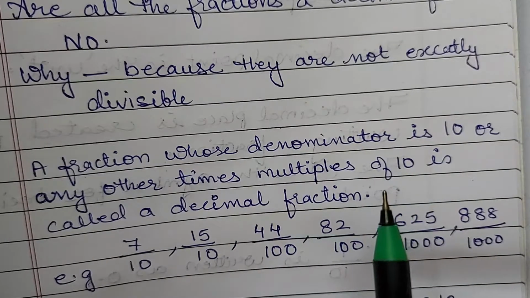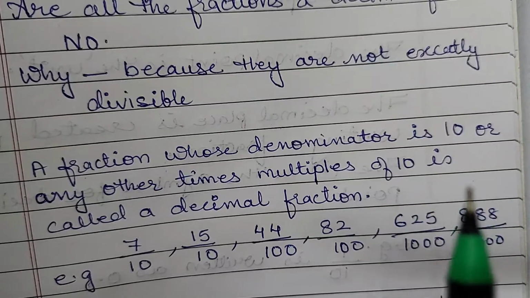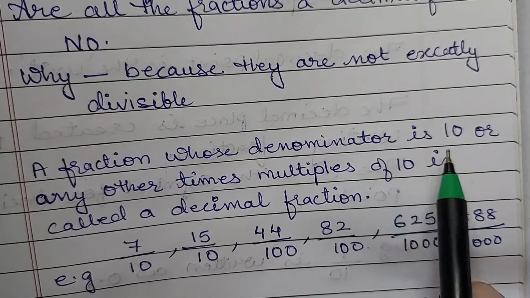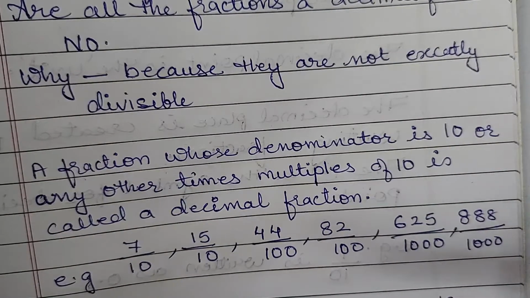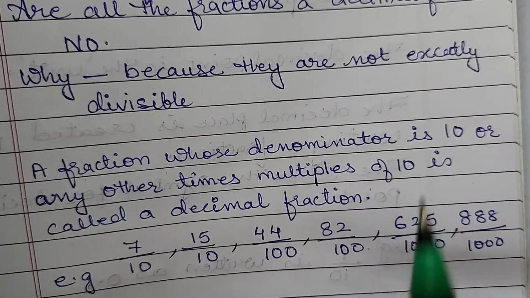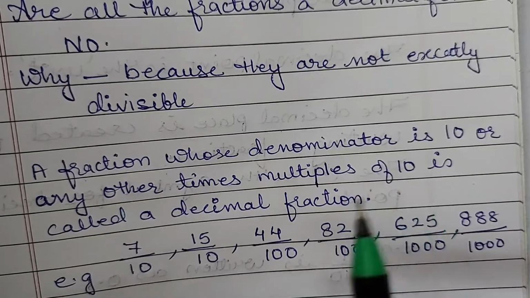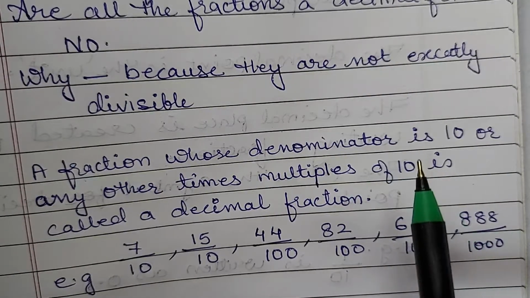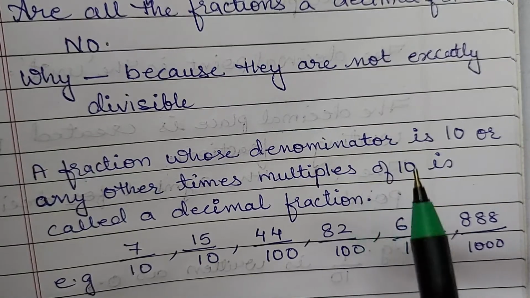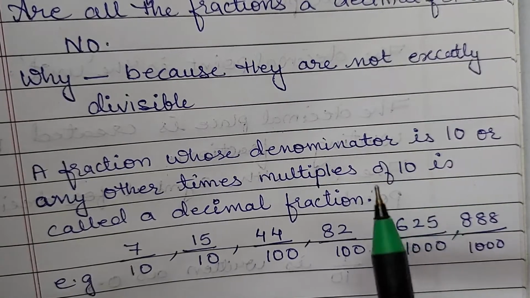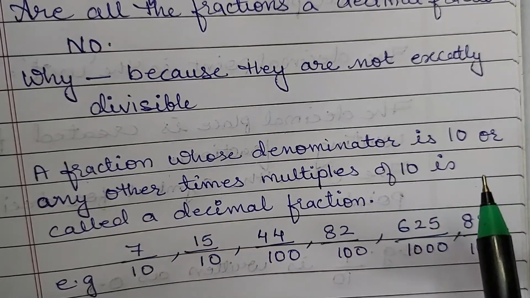Multiples of 10 means 10, 100, 1000, 10,000, lakh, like that. Zeros along with 1, no other digit is required there. If any other digit is there, 2, 4, 6, anything else, it is not a decimal fraction.